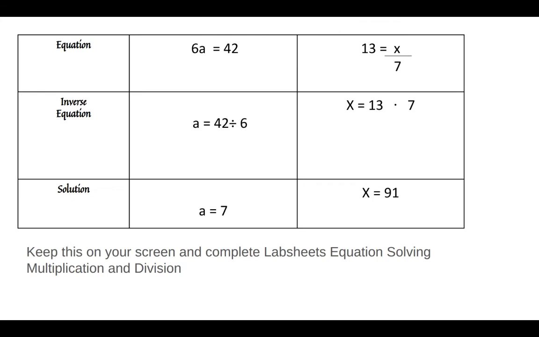Next example, 13 equals x divided by 7. Okay, so I have division, so therefore I'm going to multiply as my inverse operation. x equals 13 times 7, and x equals 91.